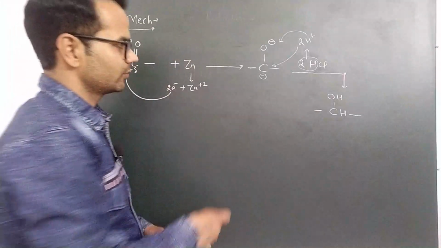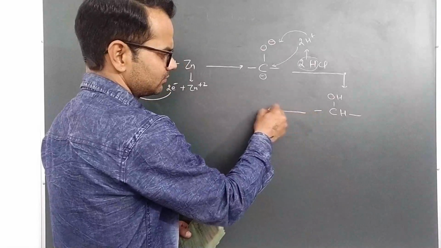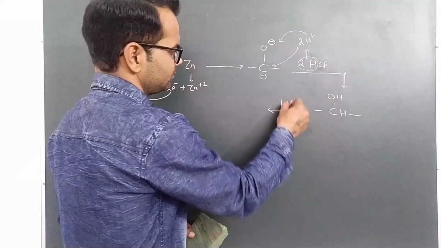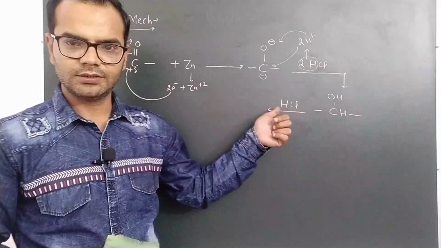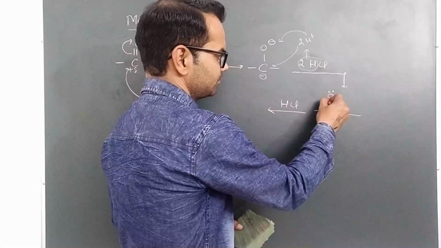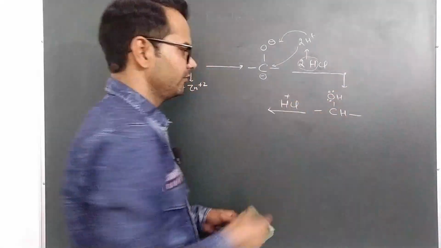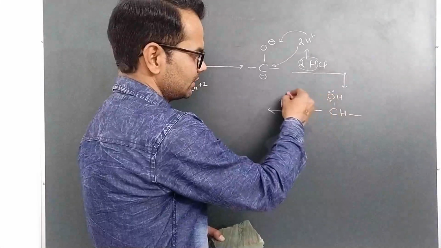Next we have a water molecule, or we have HCl, an acid again. So oxygen has a lone pair and hydrogen will give a proton. So protonation of this oxygen takes place.